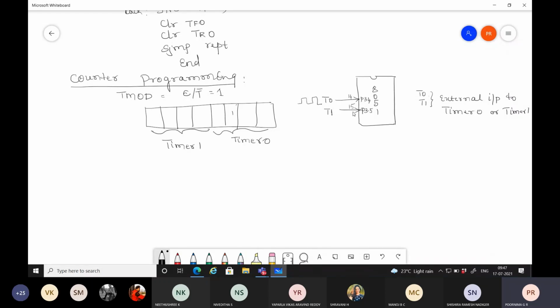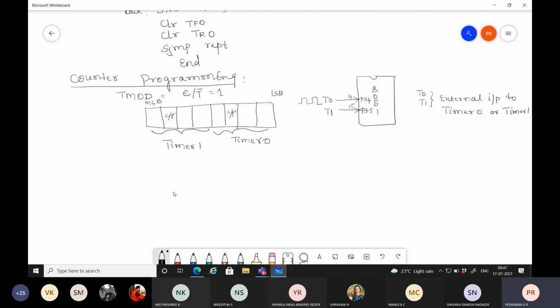If it is coming through the pin P3.5, then that bit has to be set to 1. That is because this represents the C/T bar pin. And this will be the LSB and this will be the MSB.